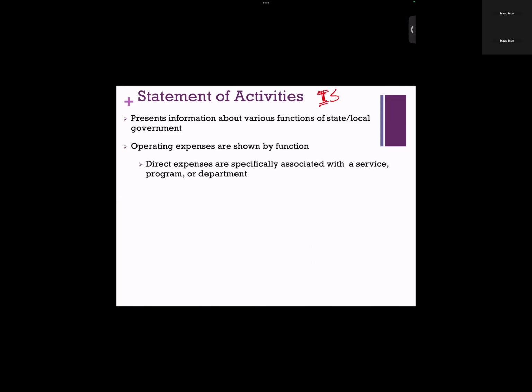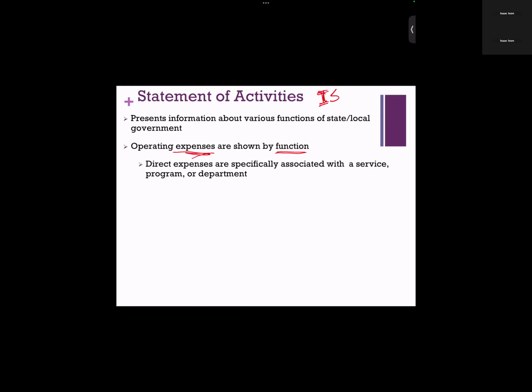Okay, statement of activities. So think of this similar to the income statement. Okay, or government information about various functions, state and local government. Operating expenses are shown by function. Okay, so showing how we're incurring those expenses. Notice we're using the word expense instead of expenditure.